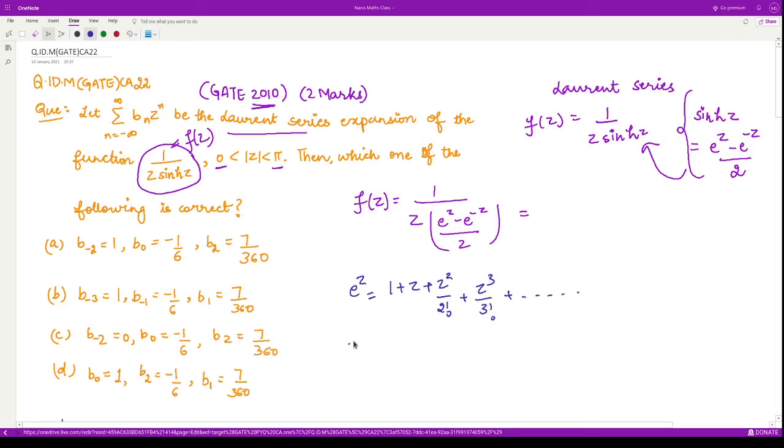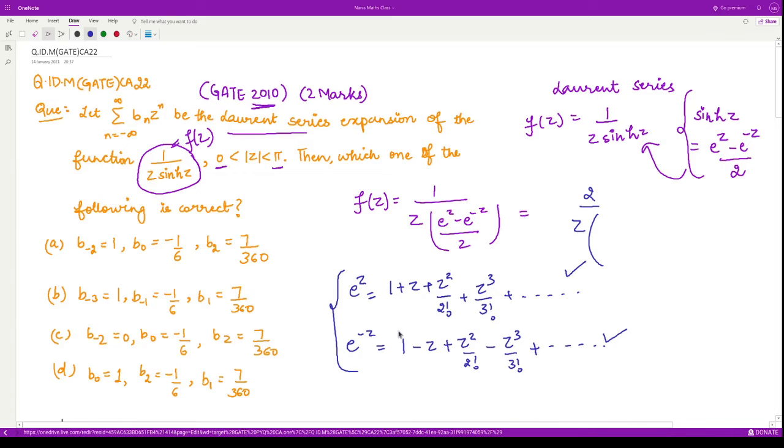Similarly, e to the power minus z's expansion would be 1 minus z plus z square by 2 factorial minus z cube by 3 factorial plus so on. That means you have just replaced z by minus z in this series. So using these two expansions, we can write this to be 2 by z as such, and then in the denominator, we would have this whole series minus this series.